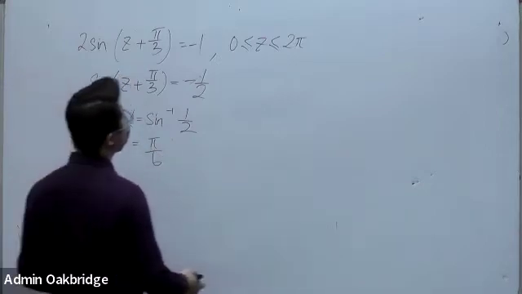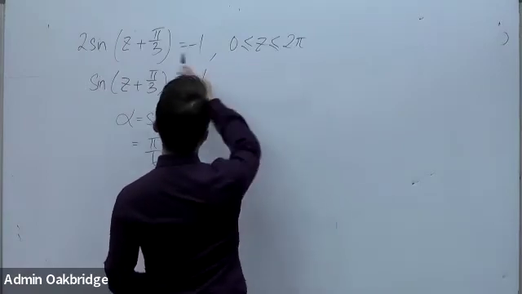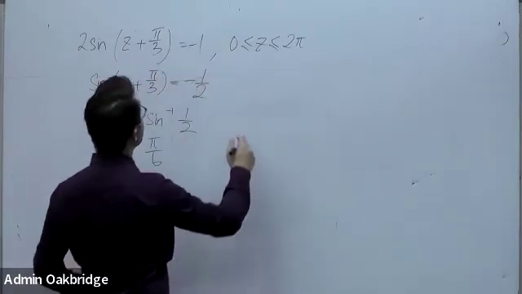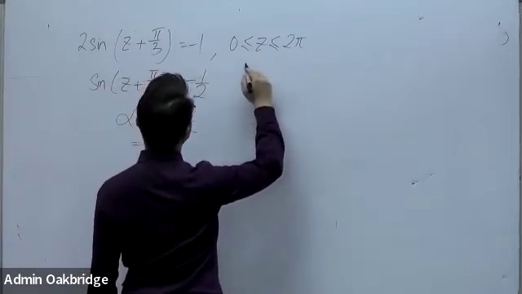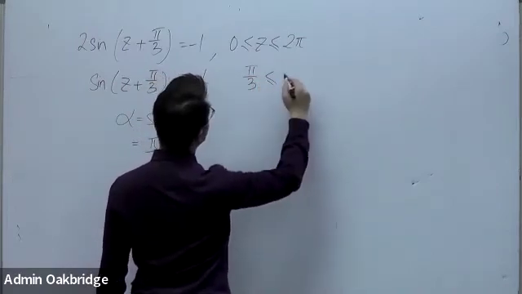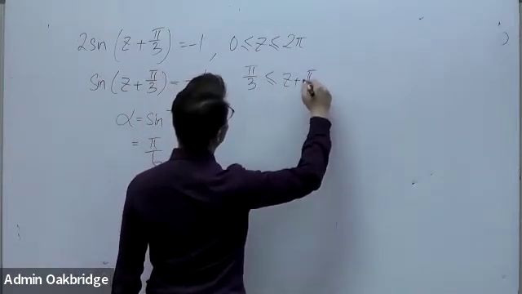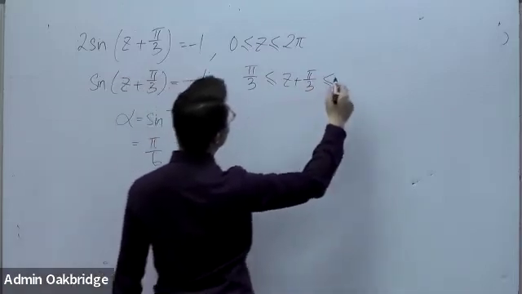All right, before we draw, you have to find out the interval of this one, right? So we want z plus pi over 3. That means the interval for this will be from pi over 3 until 2 pi plus pi over 3.